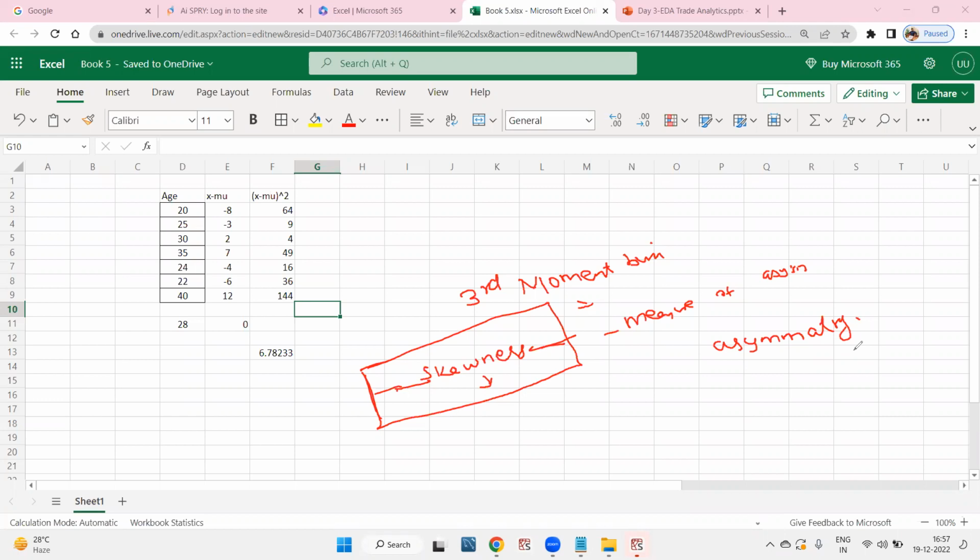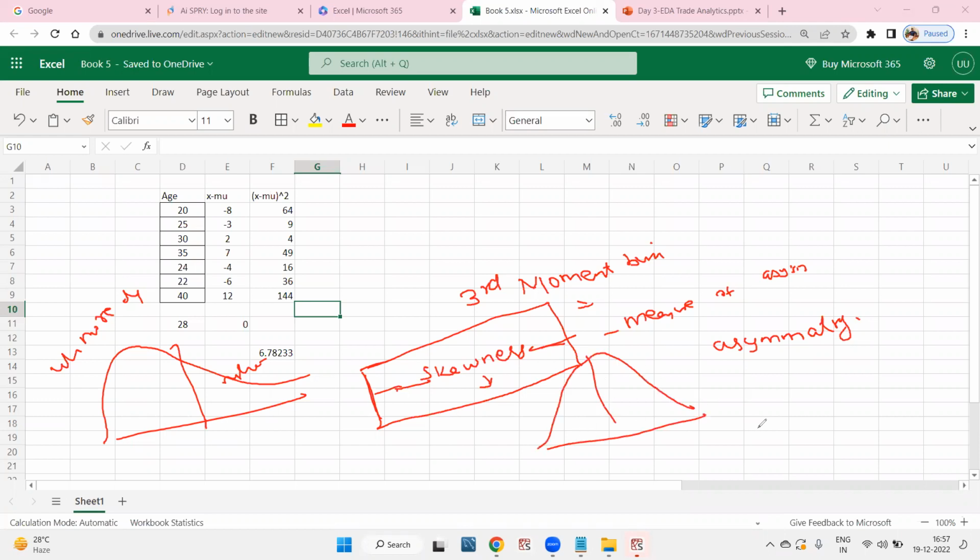Okay, so here we are going to look at which side has more distribution. It can be the left side or it could be the right side. If there is more data on the right side, this is called right skew.